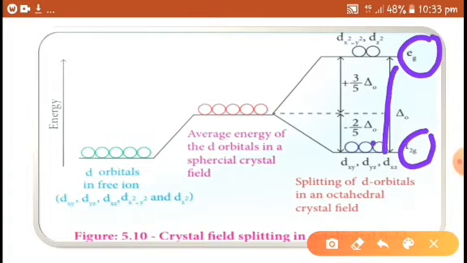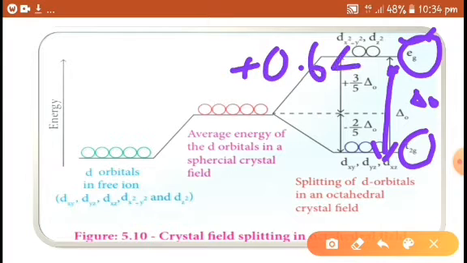The energy difference between Eg and T2g is denoted by delta O. The energy of the Eg orbitals will be increased by plus 0.6 delta O, and the energy of the T2g orbitals will be lowered by 0.4 delta O. O means octahedral, delta means crystal field splitting energy.